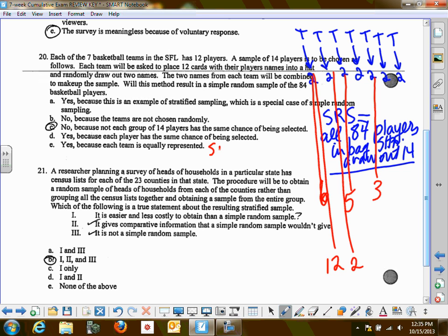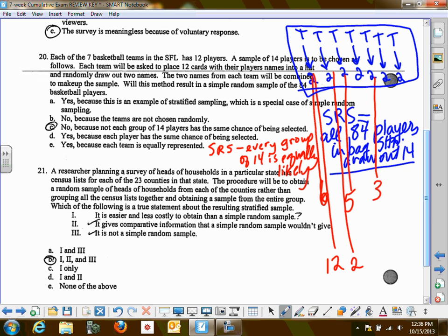In a simple random sample, every grouping of 14 is equally likely. Okay, that's the definition of it being a simple random sample. Every grouping of 14 is equally likely. So can that happen with this design?